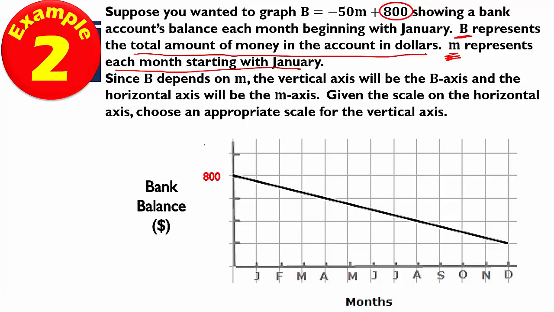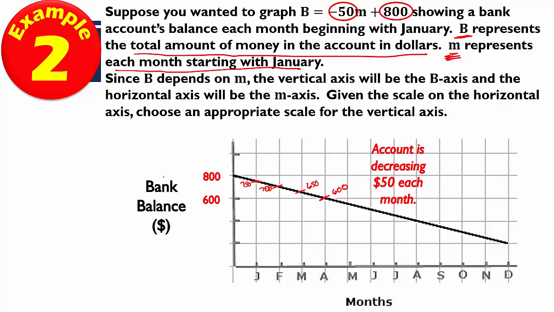We also know it goes down by $50 every month, which would mean that 50 less than 800 would be 750. In February, 50 less than that would be 700. And keep going until you find something that actually makes sense. Like here, our next grid line, we don't get to until 600, which is April. So we would make that 600.